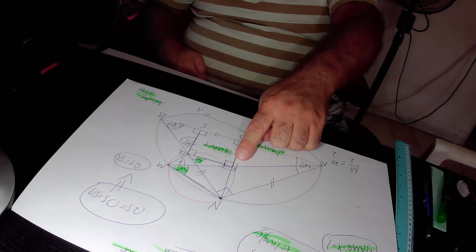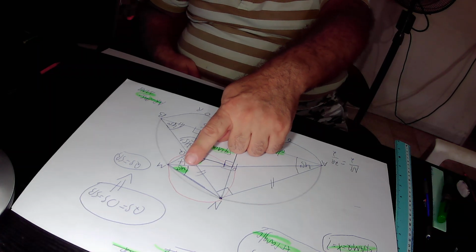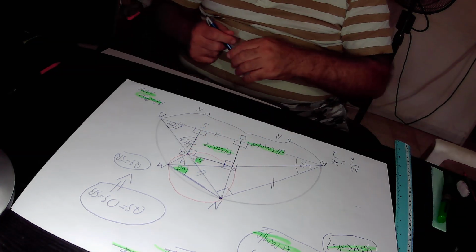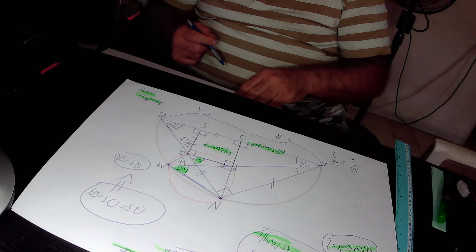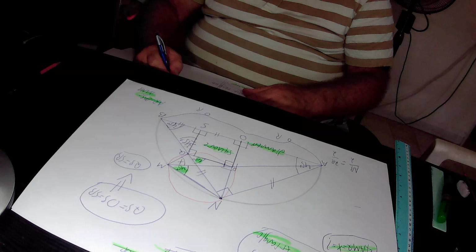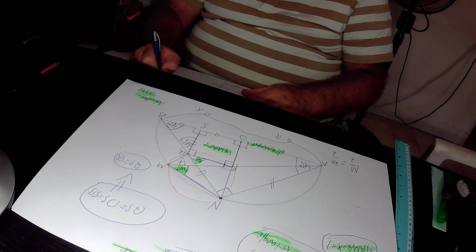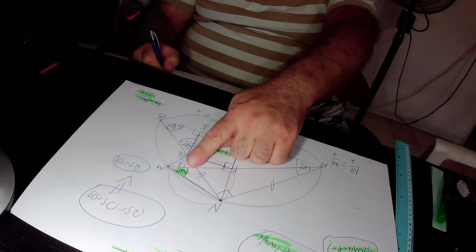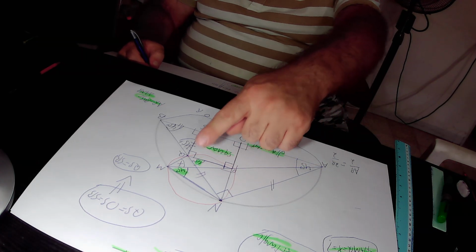This is angle NPQ, that is the right angle, plus the opposite angle NMQ. In total, they must be equal to 180 degrees according to the rule that I presented to you. So angle NPQ in quadrilateral NMQP plus the opposite angle, that is the angle NMQ, the opposite angle of quadrilateral NMQP.